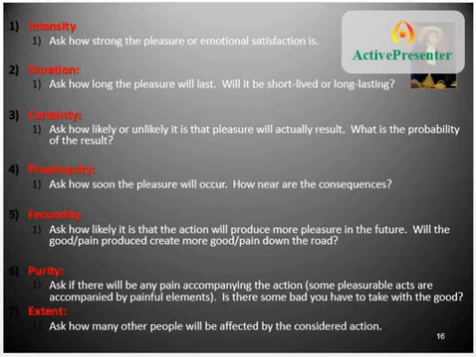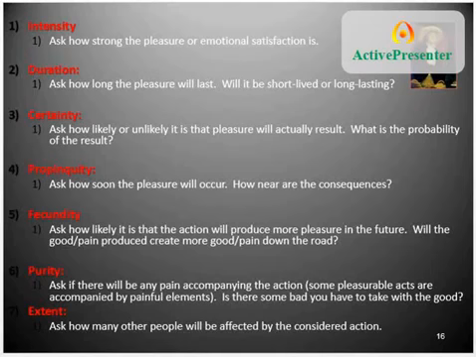Certainty. Ask how likely or unlikely it is that pleasure will actually result. What is the probability of the result? It is almost certain that both myself and my niece will experience pleasure. Unless a tornado comes through or a meteor falls and hits me in the foot, or there's some other kind of distraction, I'm going to enjoy the heck out of this Kit Kat. And so is my niece.